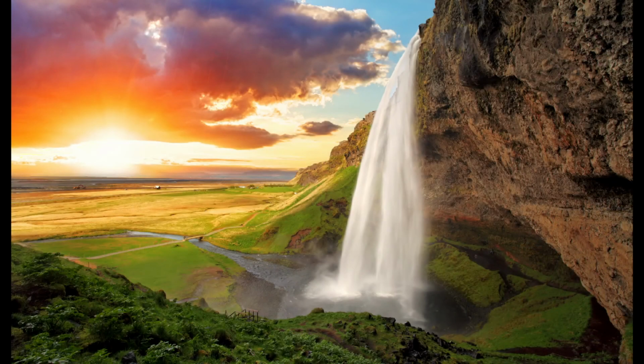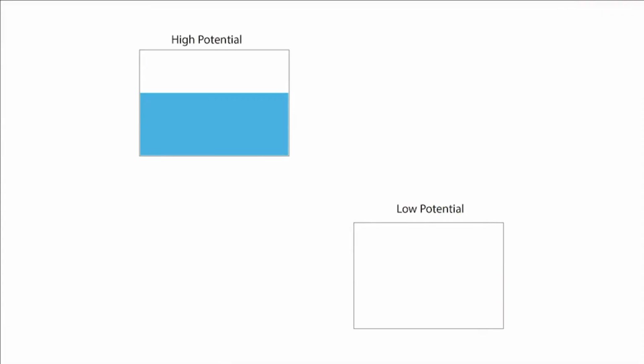In the case of a waterfall, it is gravity that defines the energy involved. The higher the elevation of water, the higher the potential energy it has. Using water tanks as an example, the higher tank of water has more potential energy than the lower tank. Again, this is due to the energy supplied by gravity.